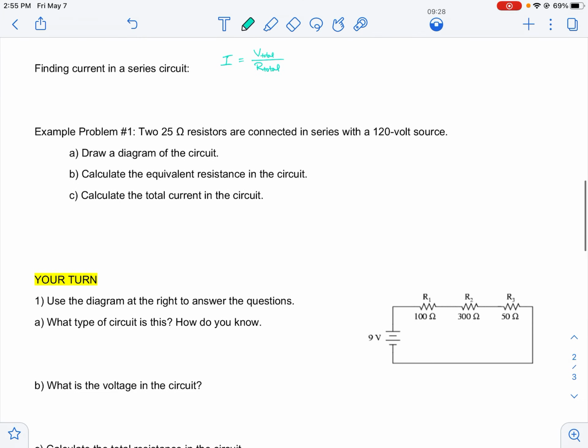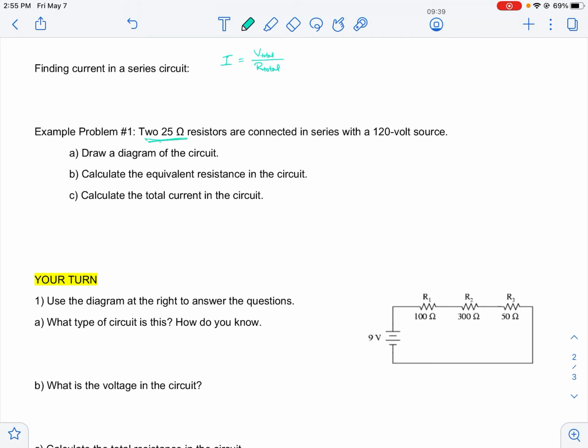So problem number 1 here says 2 25 ohm resistors are connected in series with a 120 volt source. So what are the important things here? I have 2 25 ohm resistors. It's a series circuit, and there's a 120 volt source. So I'm going to call this R1 is 25 ohms.